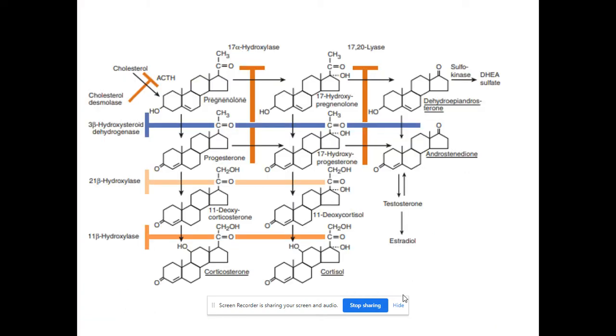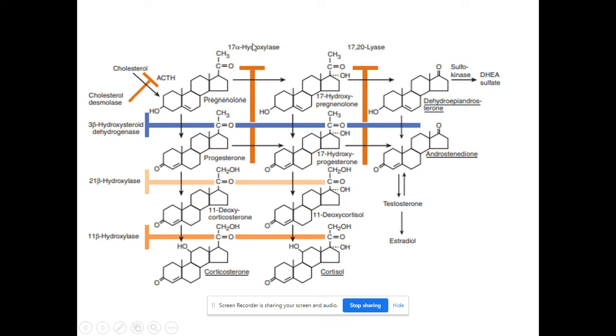In this figure, it also shows how dehydroepiandrosterone and androstenedione are produced from the primary cholesterol. In the Leydig cells, the 11 and 21 hydroxylases, which are found in the adrenal cortex, are absent. The only one present here is the 17-alpha hydroxylase, which you can see above.